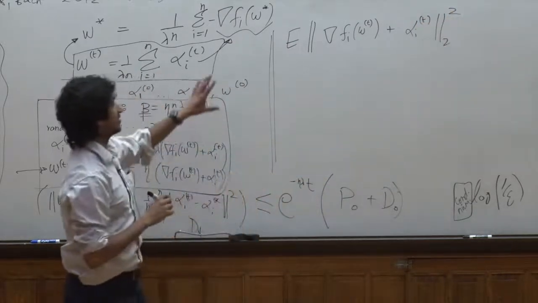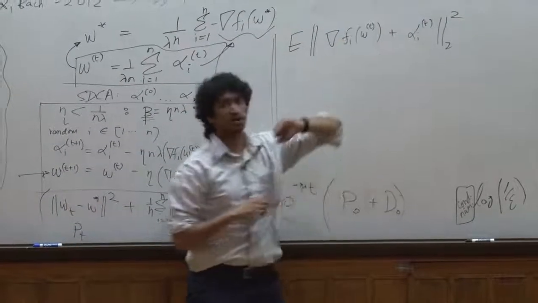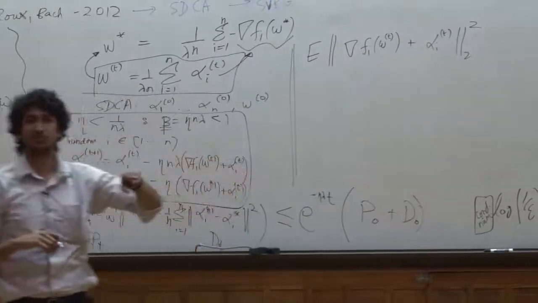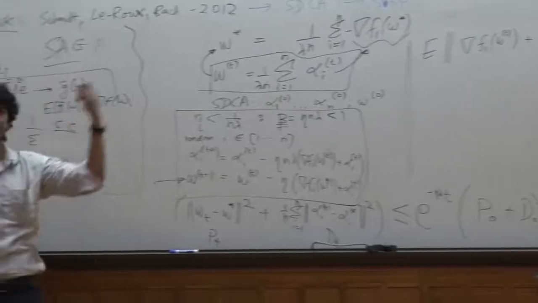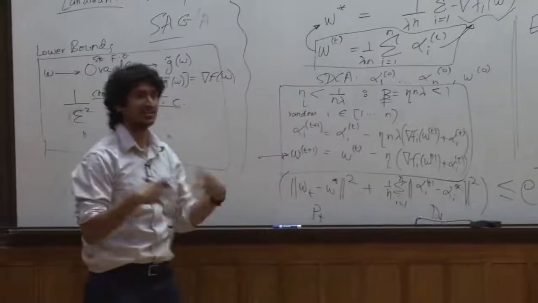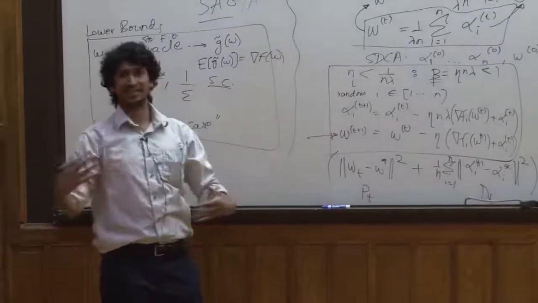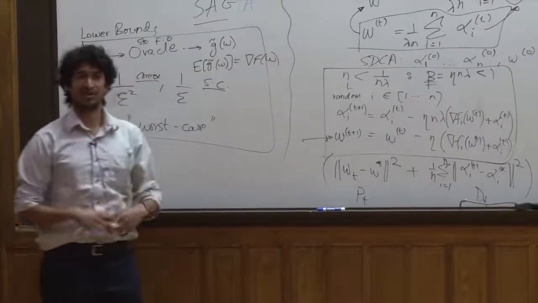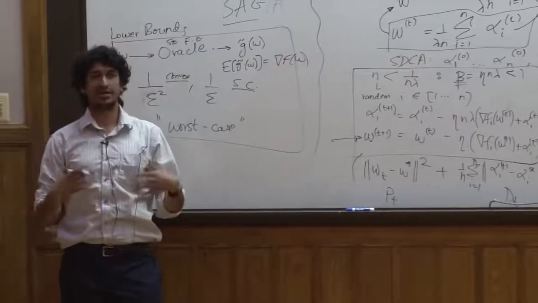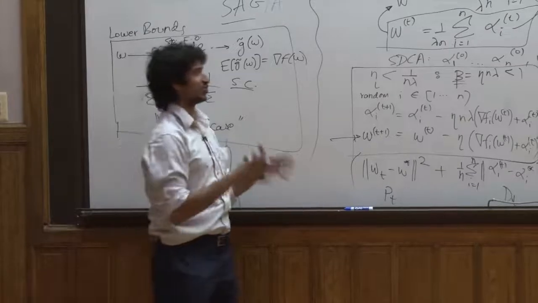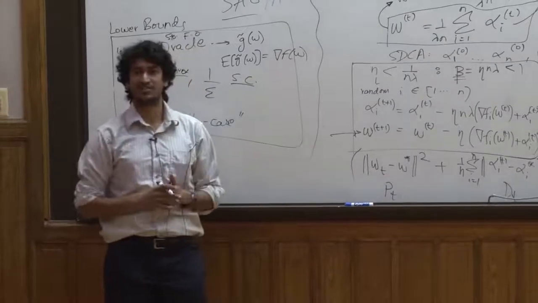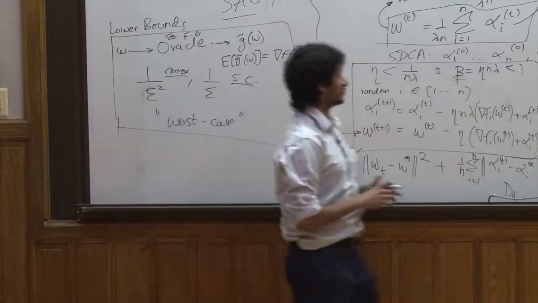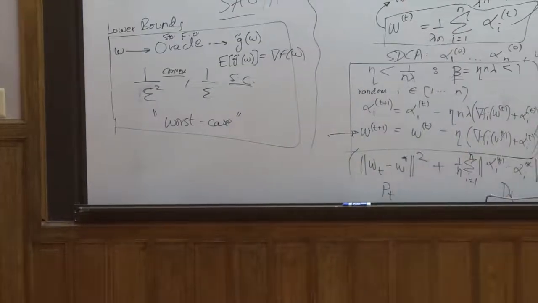I'm going to show that the expected value of x squared goes to 0. If you remember your definition of variance, the variance is E of x squared minus E of x the whole squared, but that's upper bounded by E of x squared. So if I can just show that E of x squared goes to 0, you'll be convinced that the variance goes to 0. Okay, so I'm just going to prove that E of x squared goes to 0.